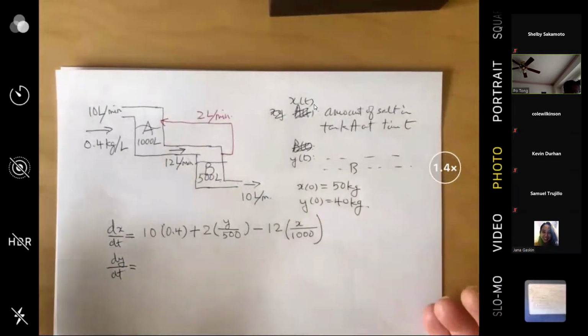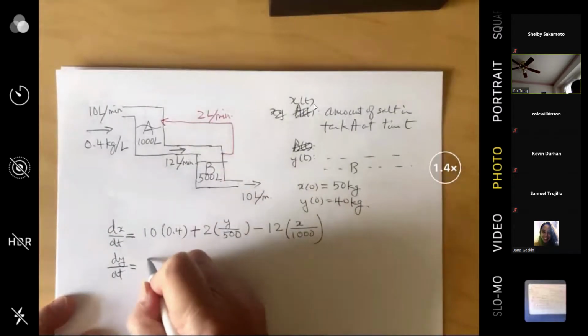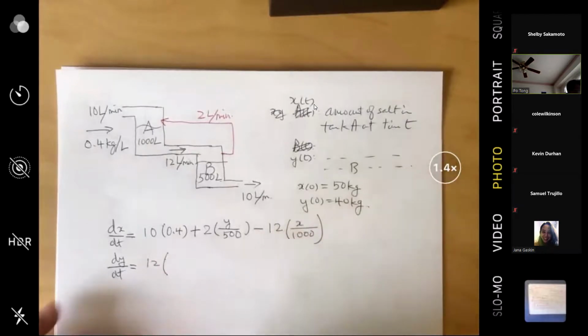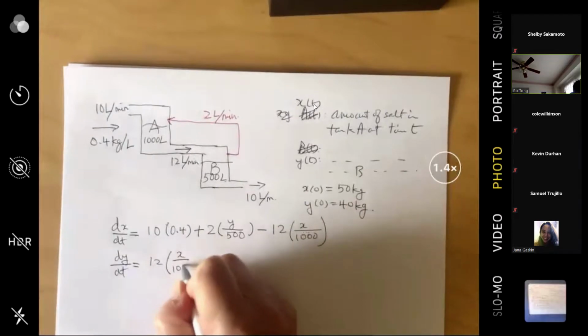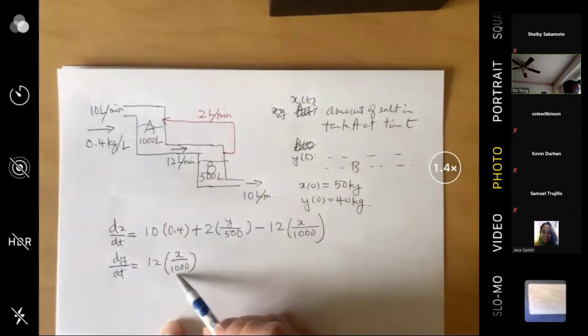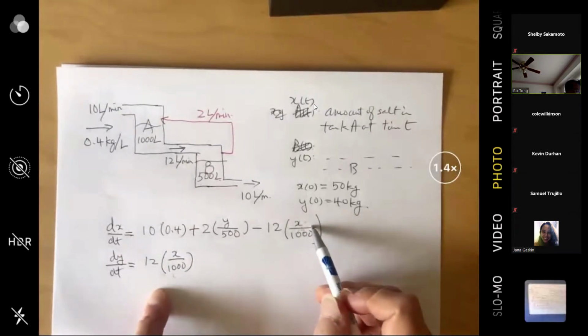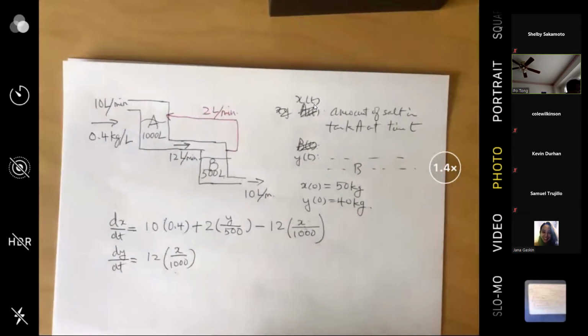How about dy/dt? Coming in is 12, 12 times what? Is this one. This arrow is for this going out and this coming in, right? These two are the same. 12 coming in. How much going out? 12 going out.